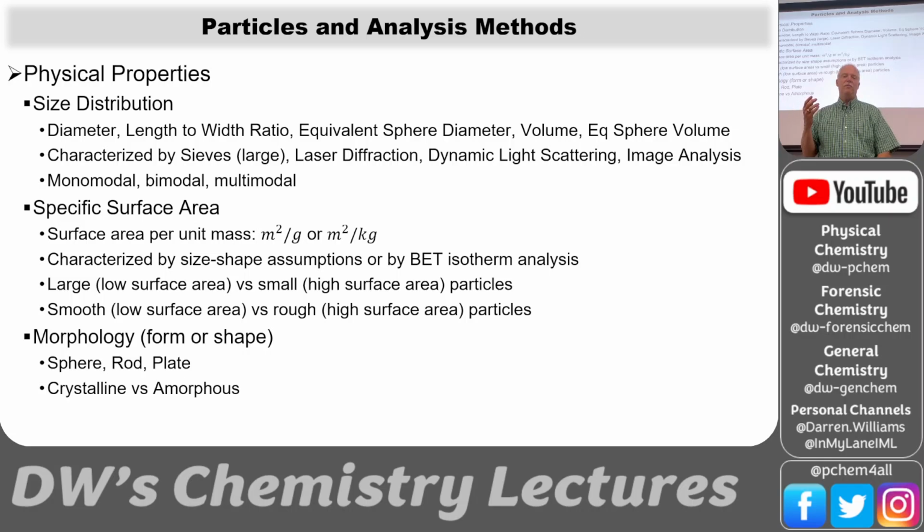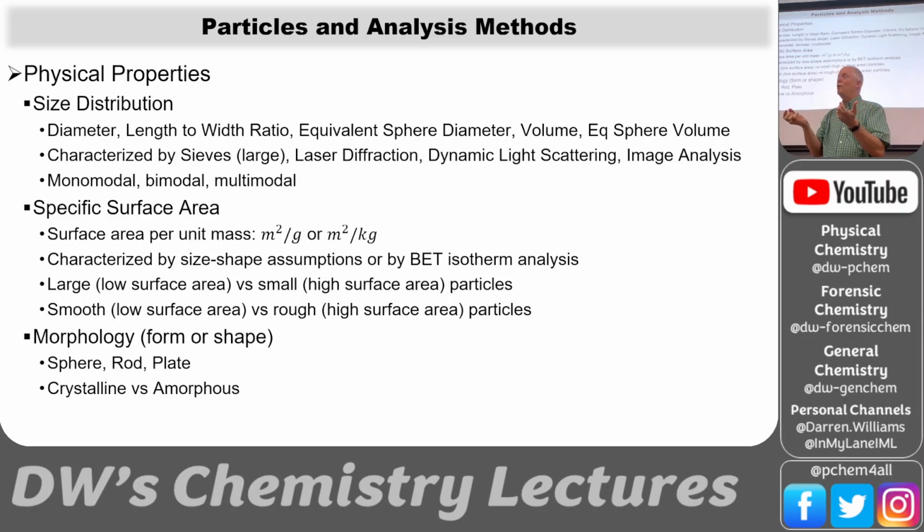There's this BET isotherm analysis where you put the particle in a little chamber and you cool it down, and then you condense argon on it, and then you measure the ideal gas law pressure, temperature, volume relationships of argon, and it's not what you'd expect, right? You put argon at a cold temperature, you would expect it to have a certain pressure and a certain volume. You're looking at that isotherm, and it's not what you'd expect. Why? Because the argon atoms have adhered to the surface of your particle.